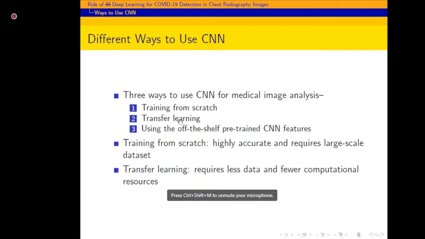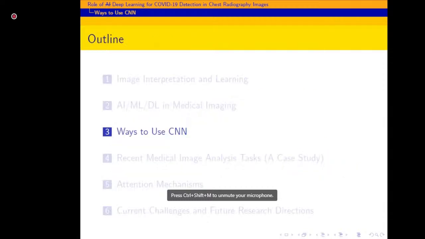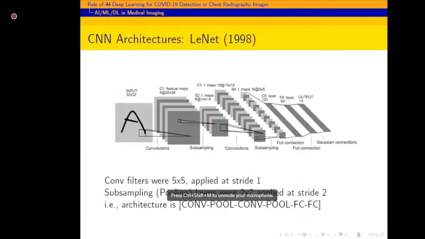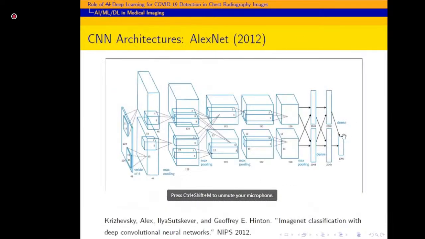But I'm planning to use AlexNet to solve my problem. If you go back to the architecture of AlexNet, you will find 1,000 neurons at the output layer. What does it mean? That it is solving a 1,000-class classification problem. AlexNet was designed based on the ImageNet dataset to solve a 1,000-class classification problem.